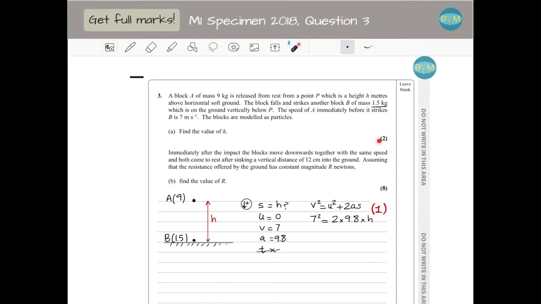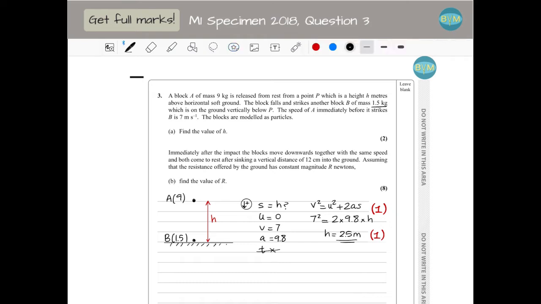But when you have 2 marks only, one will be for using the correct method and substituting well, and the second one will be for the answer. So when we find h, it is going to be 2.5 meters. That's the first part of the question, and this is your second mark. So 2 marks so far.